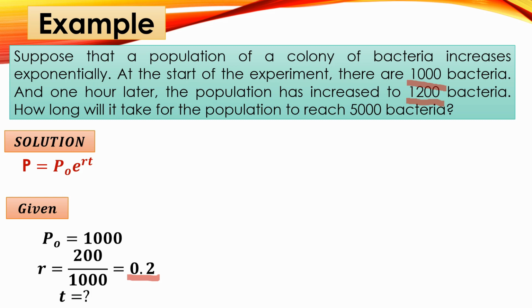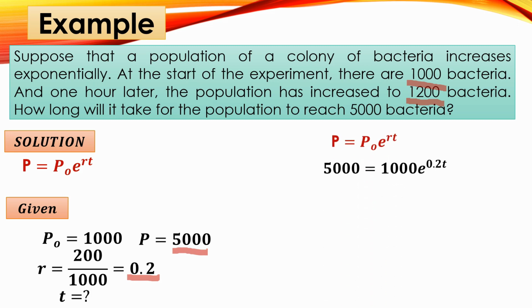And our time is missing. Another given is P, which is yung pinaka-total number of population ng bacteria after, yung kung ilan yung marireach dapat, which is 5,000. Next one, substitute. So 5,000 is equal to 1,000 e raised to 0.2t.